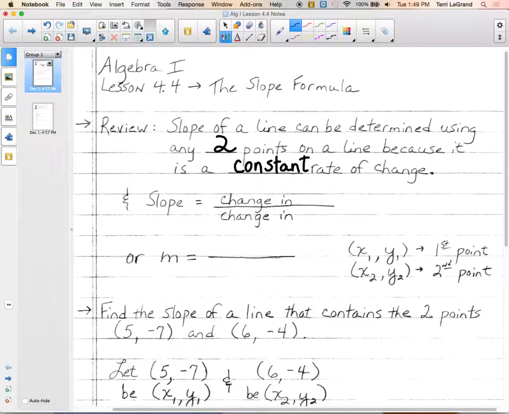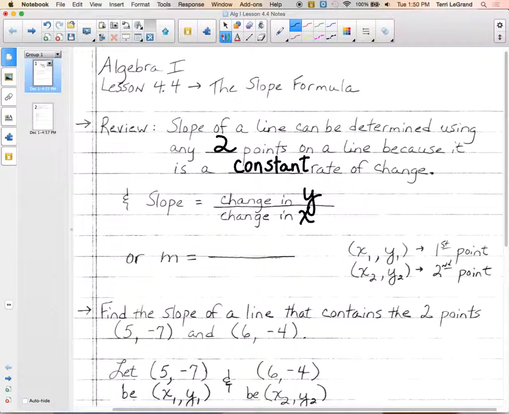It's constant throughout, so you can pick any 2 points you want from that line and calculate the slope. So slope again is change in y, that's our rise, over change in x, which is our run. How much do you have to go up or down between the points? How much do you have to go over, left or right, between the points?